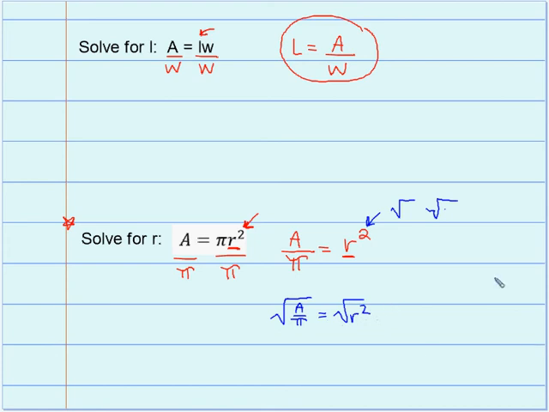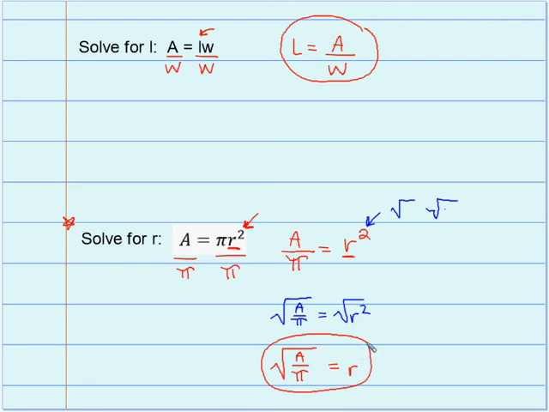And you know that if you have something squared under a radical, that you can kick one out, right? You can do that square root operation. So we end up with the square root of whatever the area divided by pi is equals r.